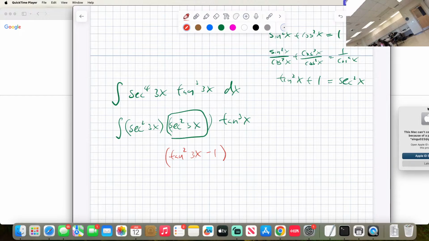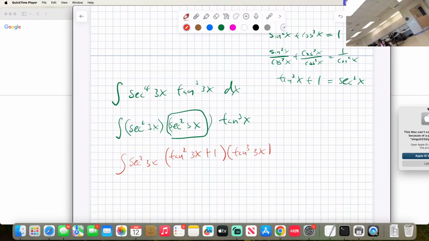Is that okay? Times tangent to the third of 3x, and this one is going to be secant square of 3x. And if you integrate that, yeah, but see, you missed the 3. Oh, this is 3, okay.